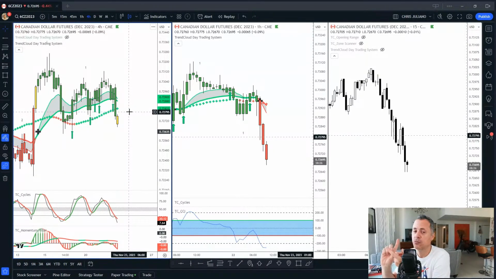You can apply it to supply and demand zones, double tops and double bottoms, classical charting, the opening range breakout. Whatever strategy is out there, you can use TrendCloud to make it more accurate because it's a price action mapping system. And that's pretty much what we're reading here.